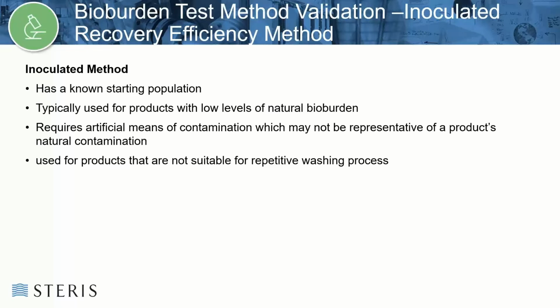And as it requires an artificial means of contamination, it may not be entirely representative of the product's natural contamination. It tests the recovery of only one species of bacteria, which is the spike organism. It can be used for products that are not suitable for repetitive washing, such as gels or powders.